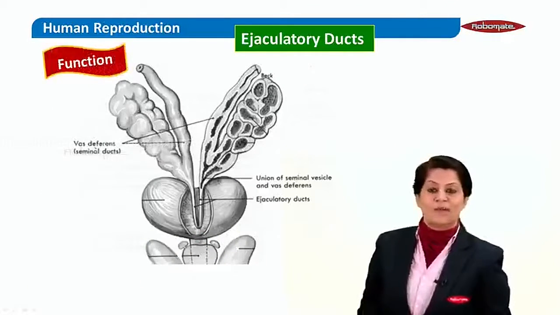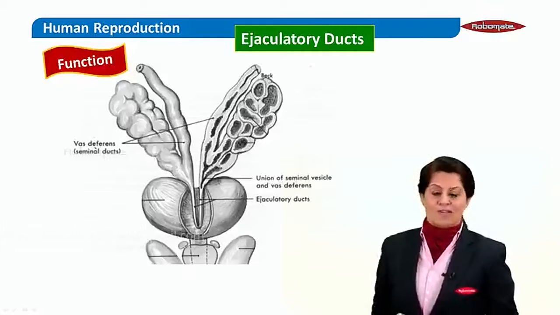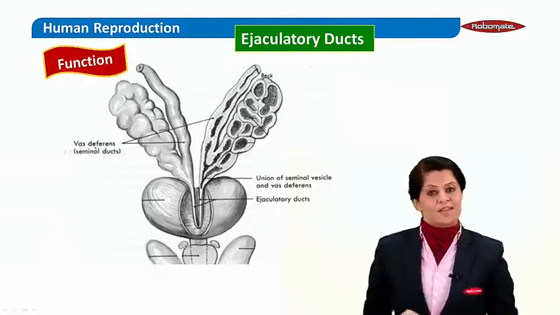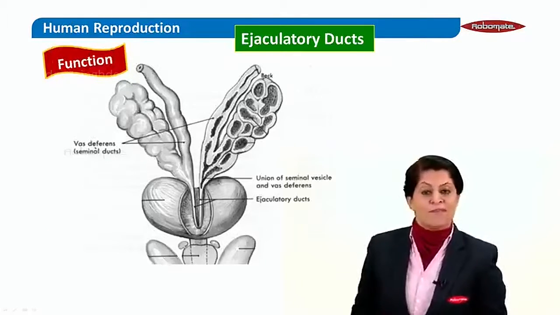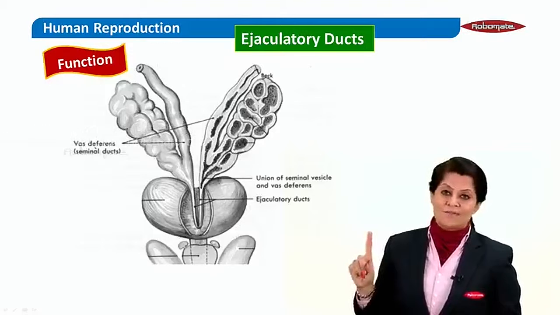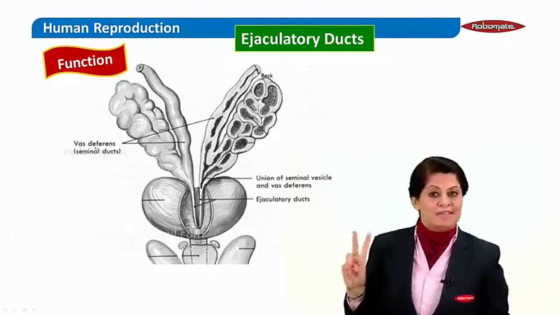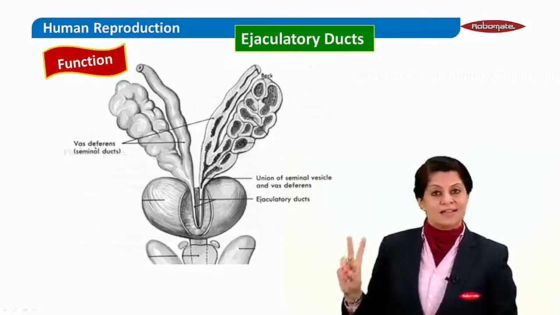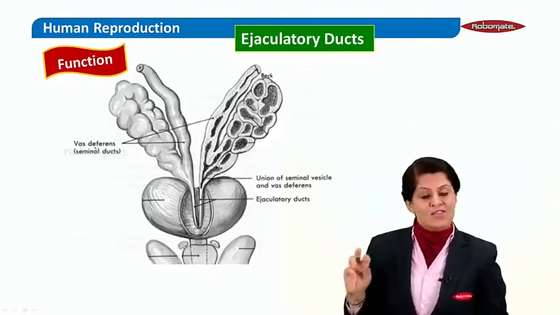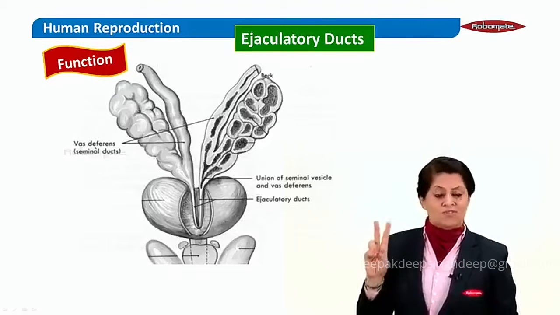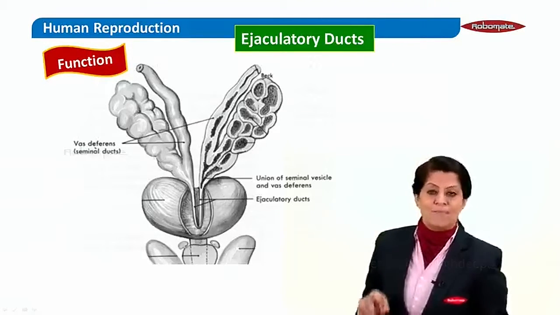Talking, students, about the functions of ejaculatory duct. Now herein we recollect that ejaculatory duct is formed by the union of two ducts, which are vas deferens and the duct of seminal vesicle, which we are calling as seminal vesicle duct. So that means ejaculatory duct is going to be performing two functions, transferring two important components.